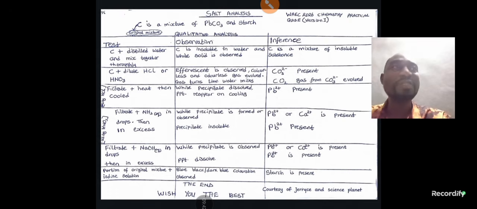Remember, if you are conversant with the starch test, you know that iodine solution turns starch blue-black. So in your observation, you write blue-black coloration formed or dark blue coloration formed. This is a very popular test for starch. So in the inference, you write starch is present.